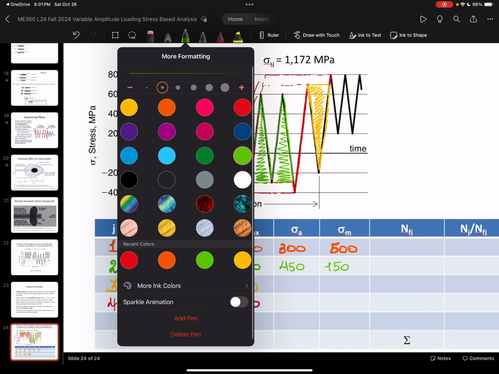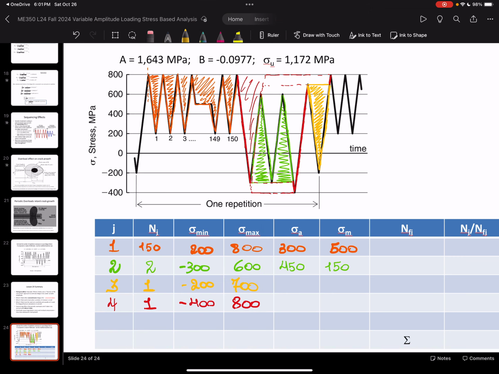And then we go down the list, so we look at the yellow one. 700 minus negative 200 is 700 plus 200, which is 900. 900 divided by 2 is 450. And then 700 plus minus 200 is 500, divided by 2 is 250.